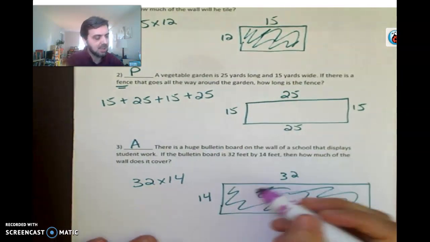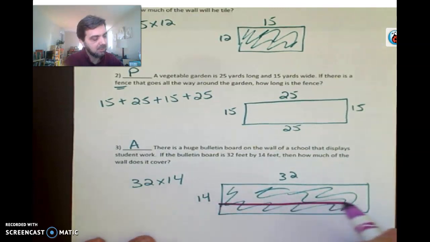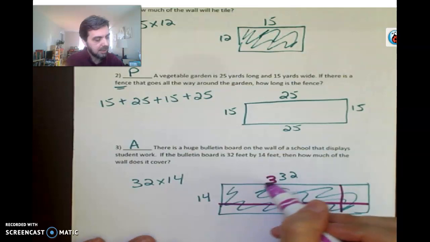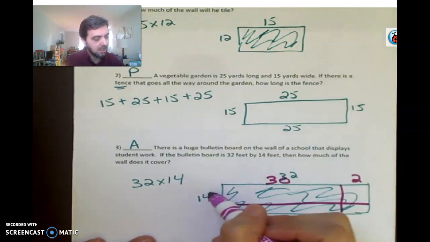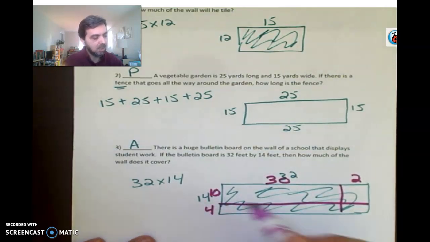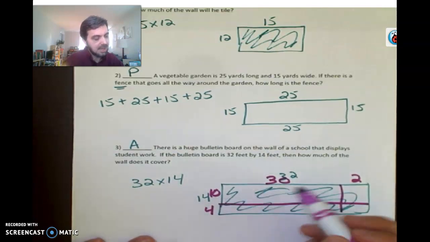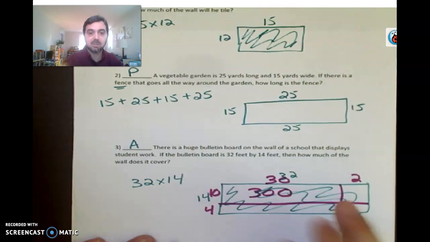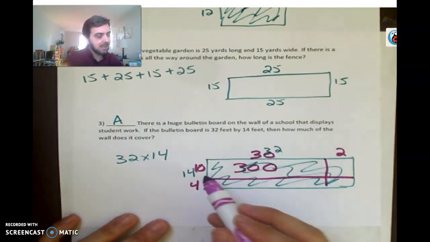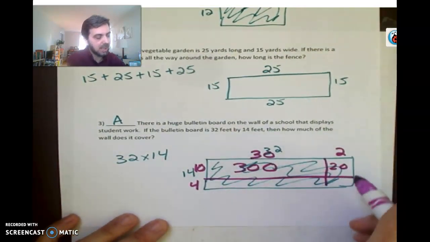What is 32 times 14? I don't know. Should we do it real quick? If this is 30 and this is 2, this is 10 and this is 4, we have 10 times 30, which is 300. We have 10 times 2, which is 20.